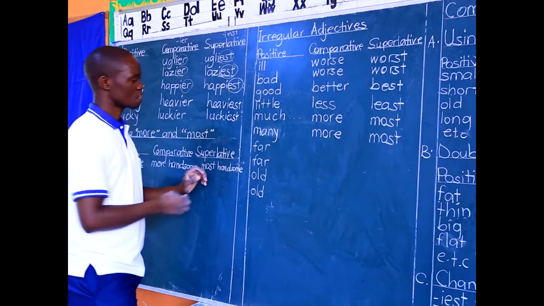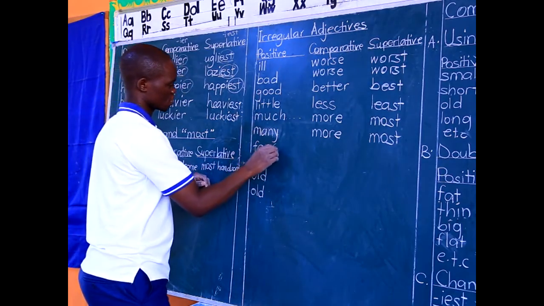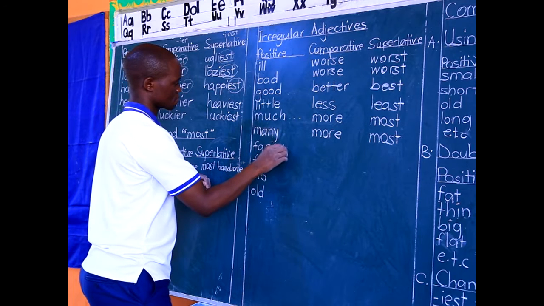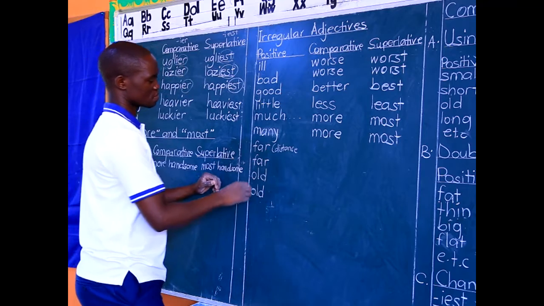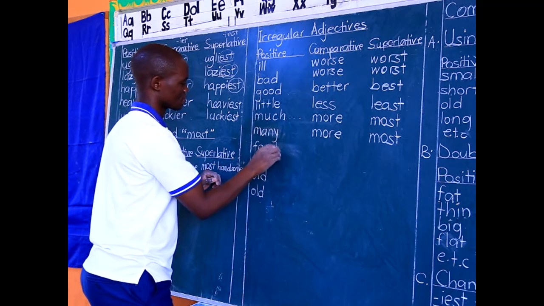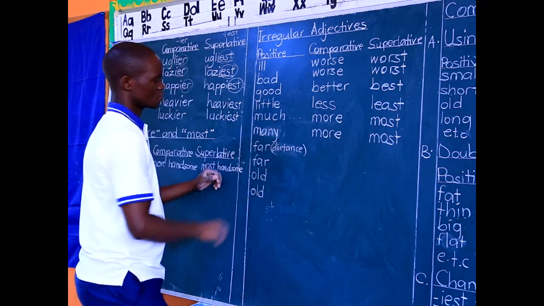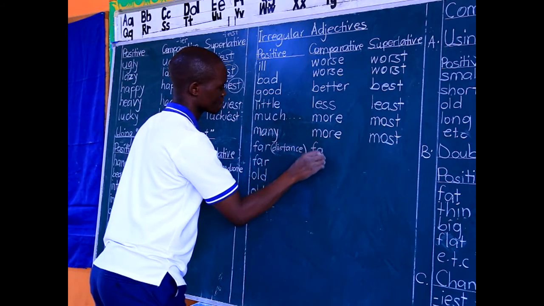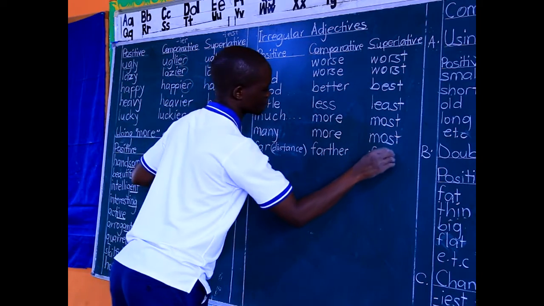Because children are countable. We have far, which talks about distance, and it has two. Distance, in brackets, changing to farther and farthest.